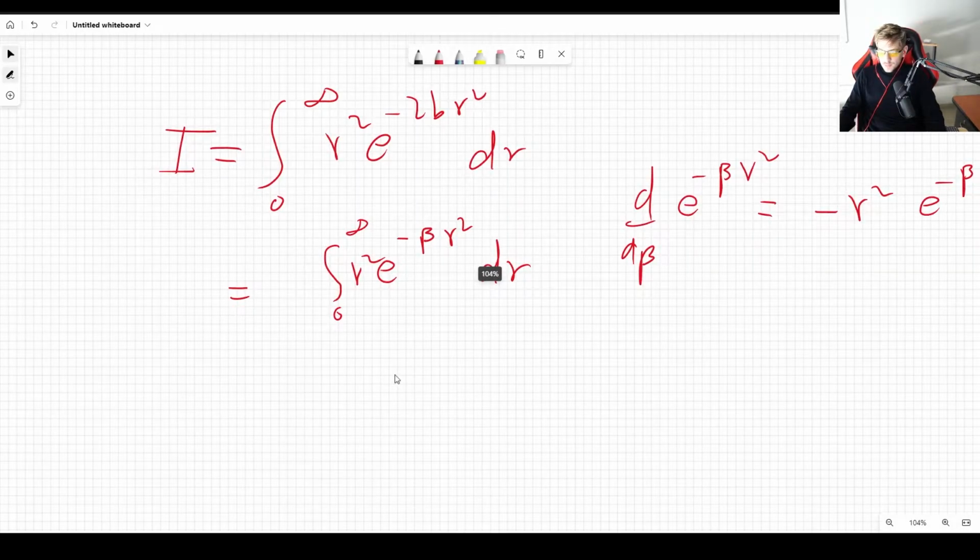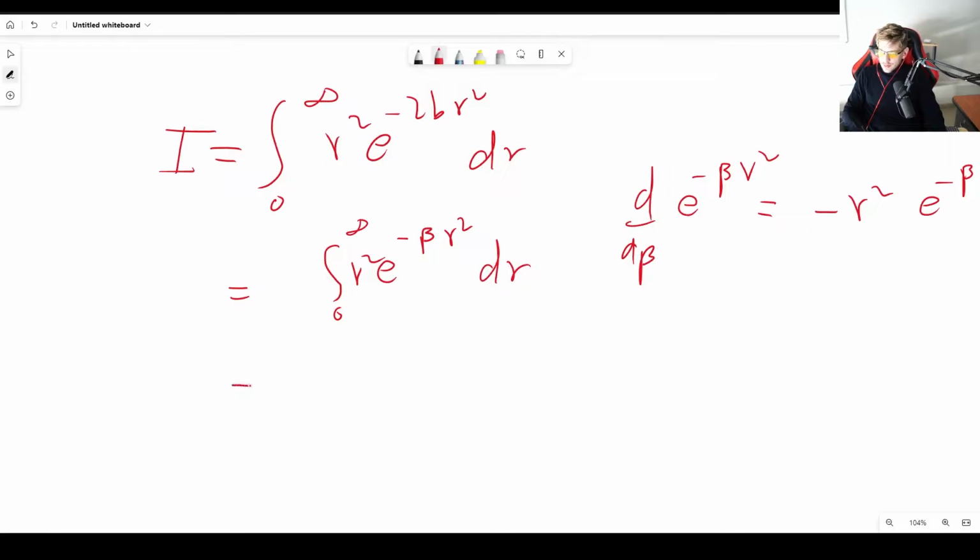So we can replace what we have here with minus d by d beta, which we can pull out of the integral, right? Because it doesn't depend on r. And then we have e to the minus beta r squared dr. And the good thing about this is that now this is a Gaussian integral. And again, kind of, because we are once again going from 0 to infinity.